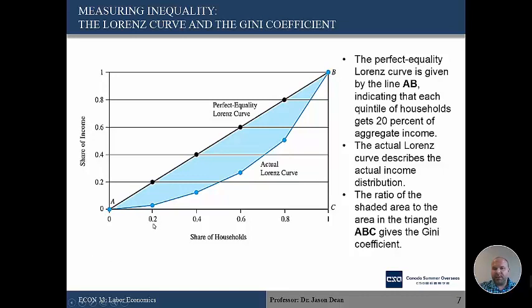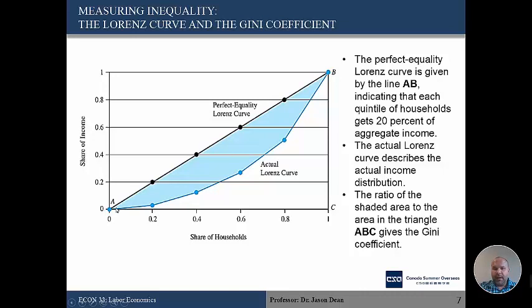So the first 20% share of households are going to have 20% of the income. The next 40% are going to have 40% because they all would have the same income. So this would represent an economy with perfect equality. Everyone has the same wages.